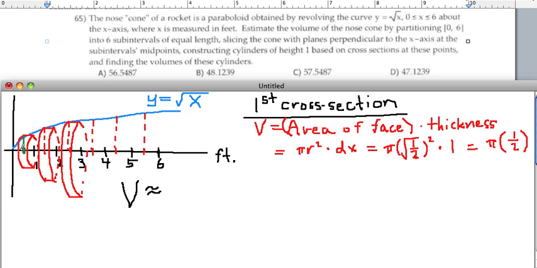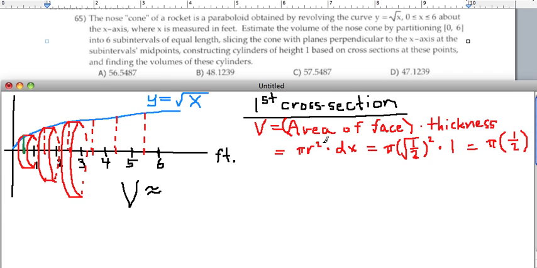The first subinterval goes from 0 to 1, and so halfway is 1/2, and the height then of the disc, which is the radius of the disc, would be the square root of 1/2. Which is where this comes from, the square root of 1/2.